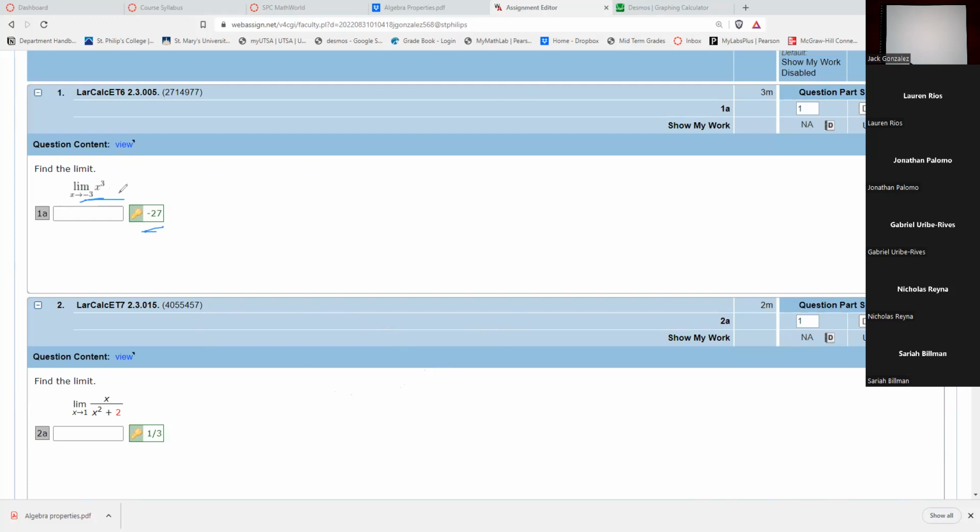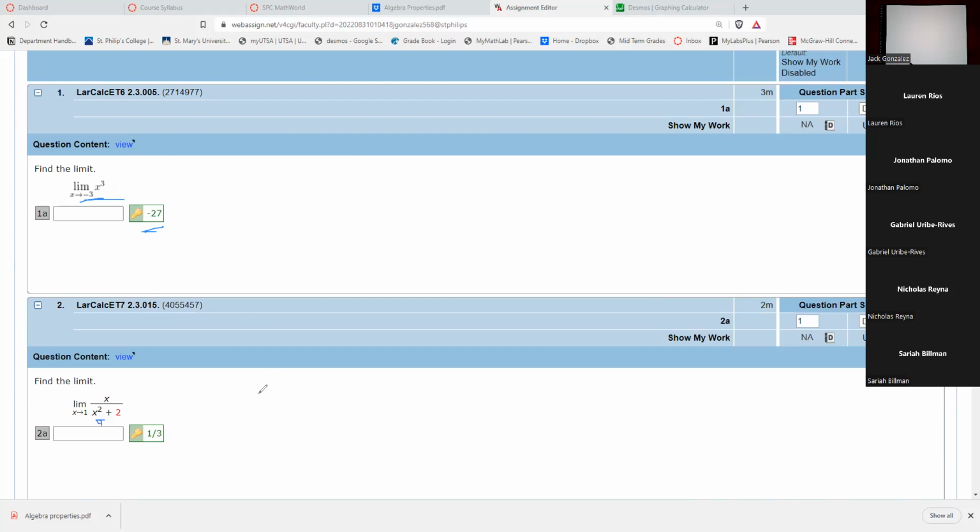Or you can plug in numbers getting closer and closer from the right and left side, like we did in that first example. So those are 3 different techniques to find a limit: using numbers close on both sides, using a graph, and then using your algebra skills, which we're going to do in this section. But first things first is just plug it in.